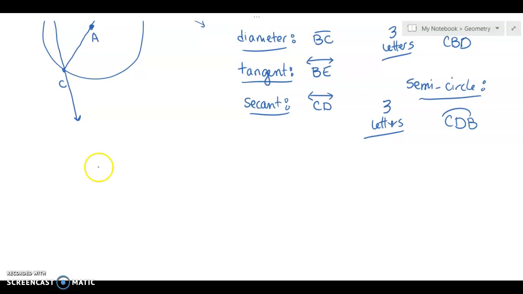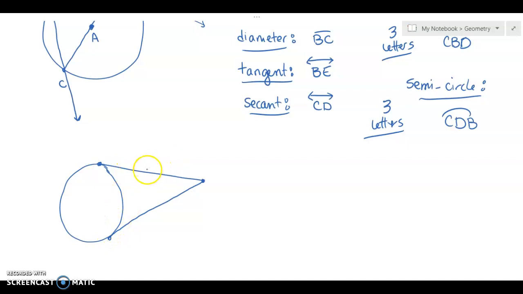Let's see, what else did we talk about? We talked about how if you have a circle like this and 2 tangent lines like so. So you have 2 tangent lines extending from the same point going to the same circle.